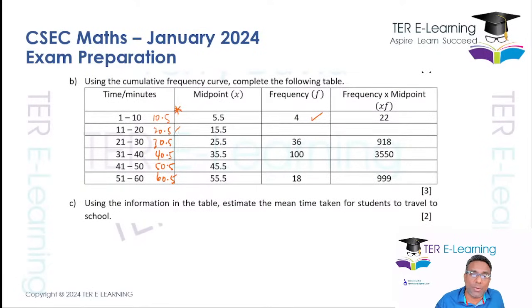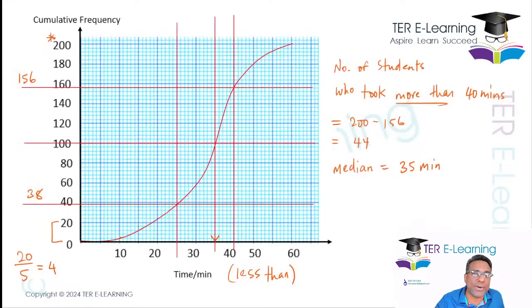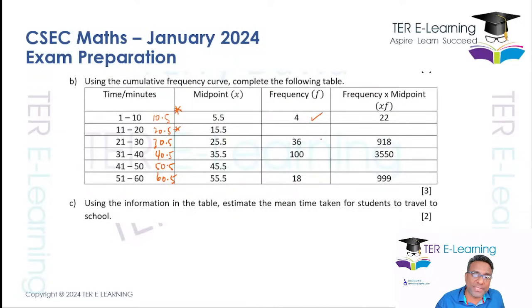What we're going to do now is read off at 20.5. According to this graph, 20.5 corresponds to about 24. So if that is 24, that's a cumulative frequency.